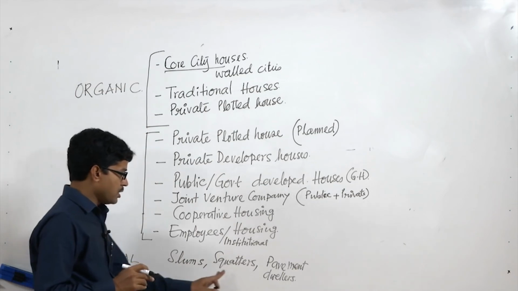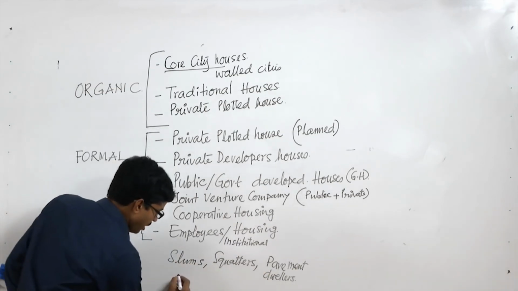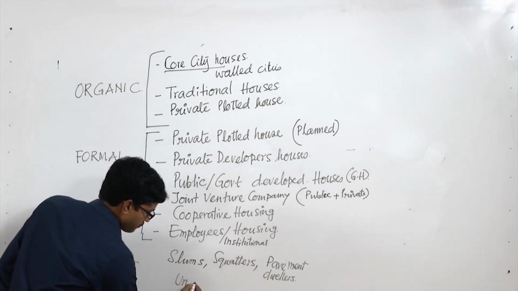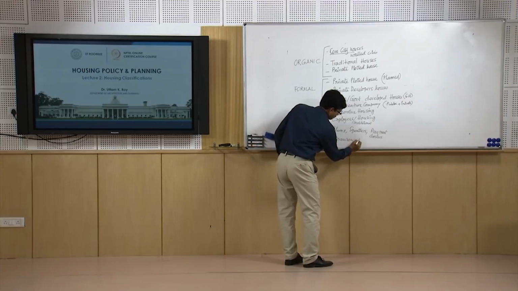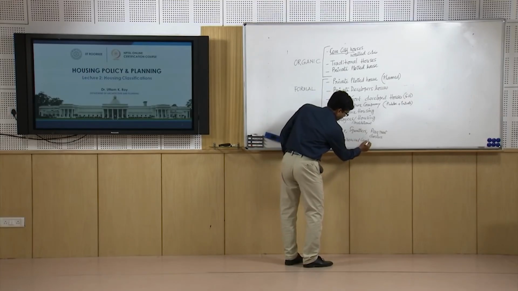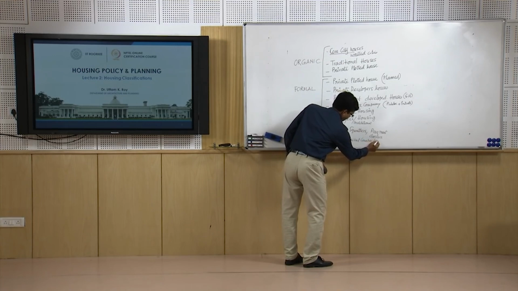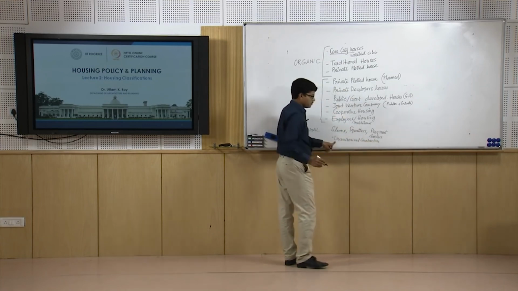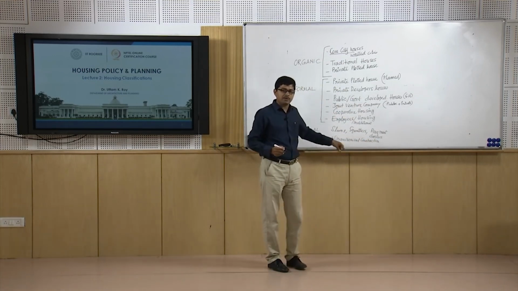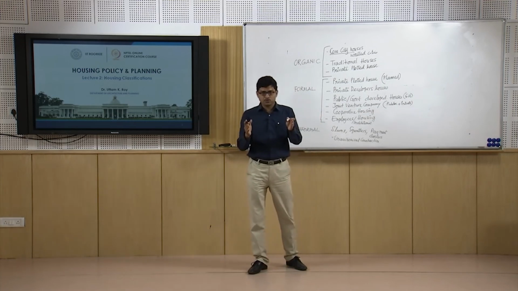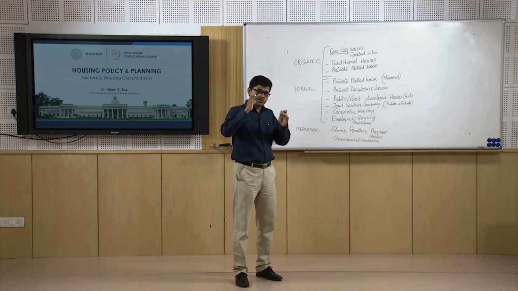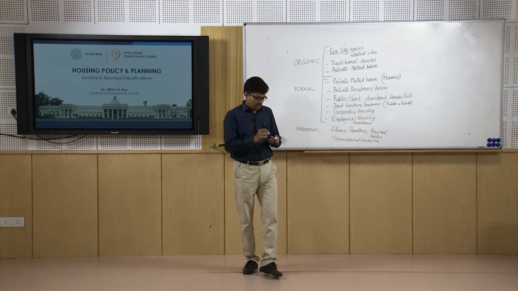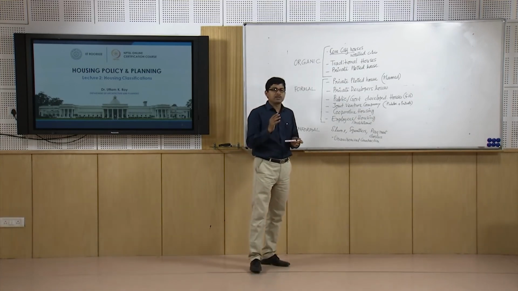Apart from the slums, squatters and pavement dwellers, there is unauthorized construction also. In unauthorized construction, sometimes we see that people have the land right, they own the land, but they go beyond the approved FAR or approved buildability of the plot.